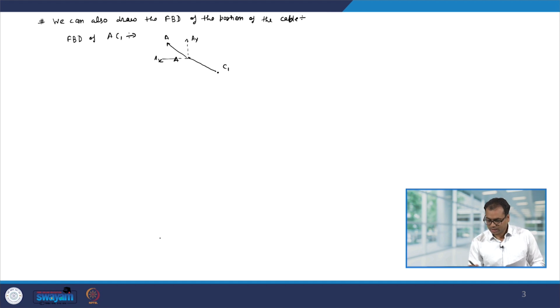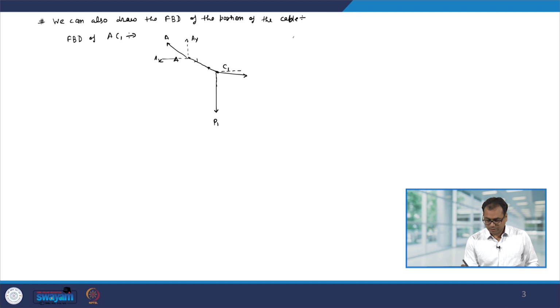So, therefore, I will have a force along this line, and again I can resolve it into perpendicular forces. Okay. Also at C1 you have external force P1. Now, note that at this point I will also have a force in this direction and that direction, but since they are equal I do not need to show it over here, because we are considering the free body diagram of AC1, but you can also show them and they will cancel together.